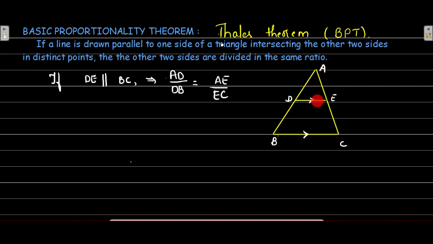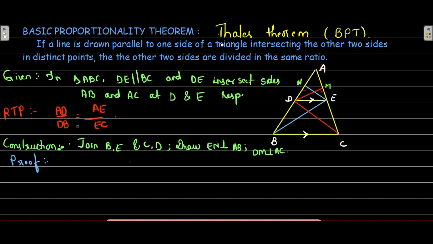If DE is drawn parallel to BC, then AD by DB will be equal to AE by EC. This is said in the Thales theorem or basic proportionality theorem, also called BPT.